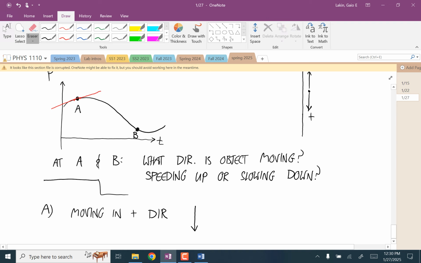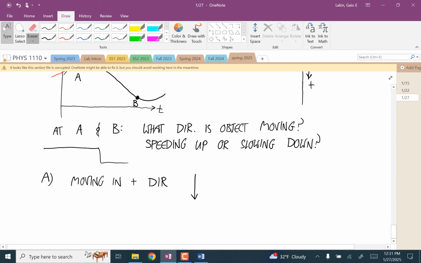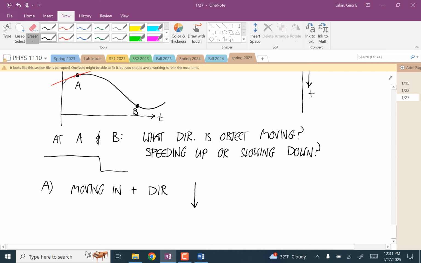And now let's think about the acceleration. At this point A, is that point on part of a concave up or concave down graph or on a line? It's concave down. So the acceleration is negative.